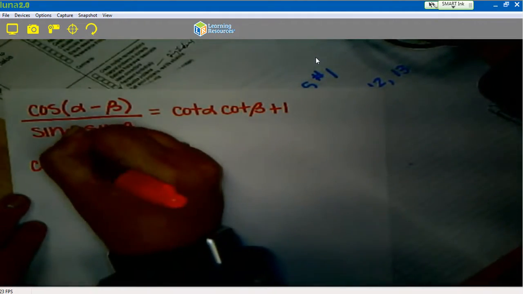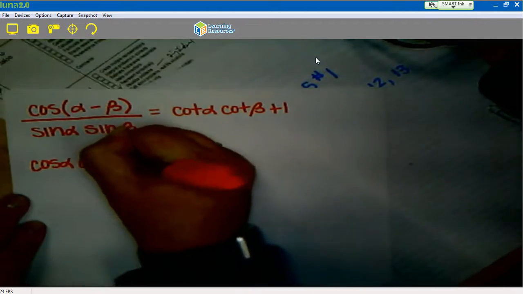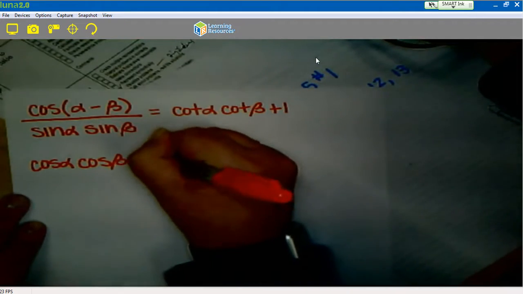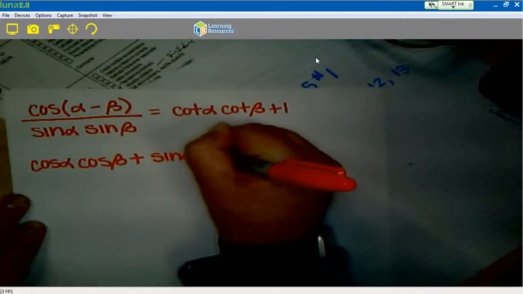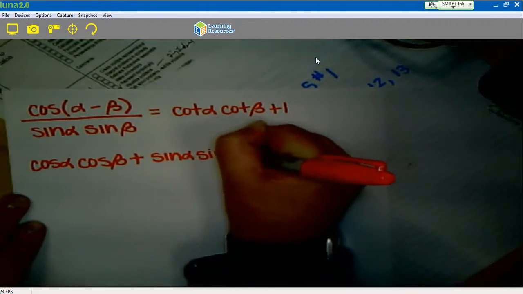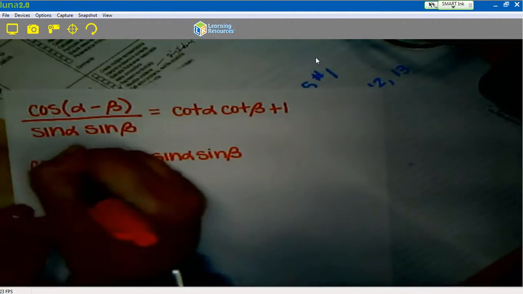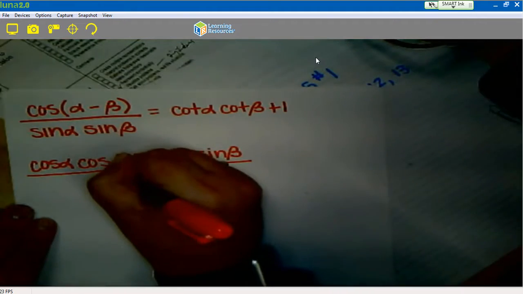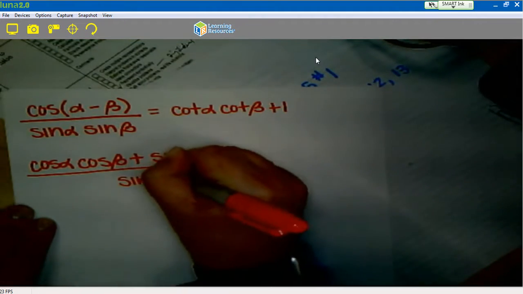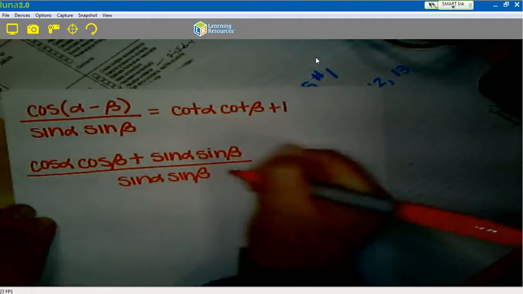So cosine alpha cosine beta plus sine alpha sine beta. This is all over sine alpha sine beta.